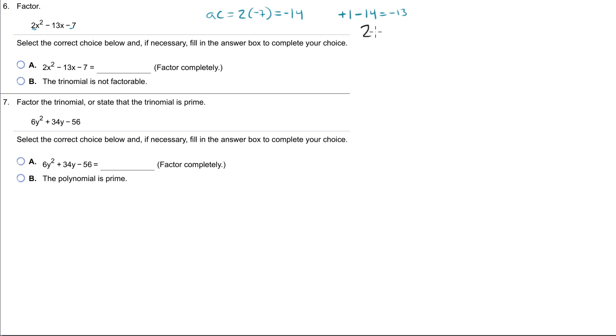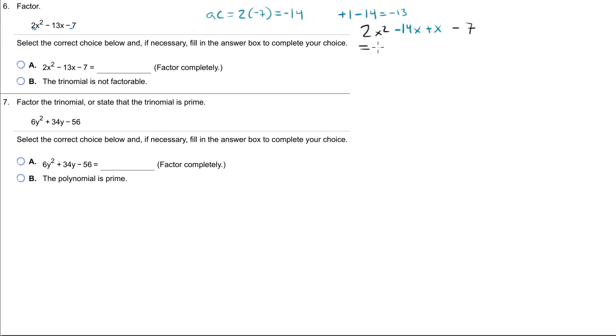Then we'll take 2x squared minus 13x minus 7, and we break apart that negative 13x into minus 14x plus x, minus 14 plus 1. My trick is always to put the negative first.